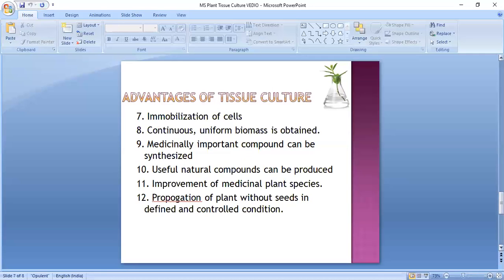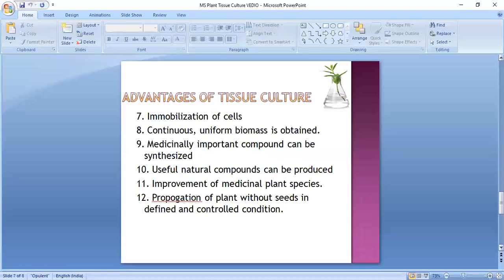Immobilization is nothing but an entrapment of the cell for facilitating transportation and biotransformation. As one example, the cells can be entrapped in 2% sodium alginate, and we can prepare beads, and those beads can be used for further processes and can be stored for a long time also.